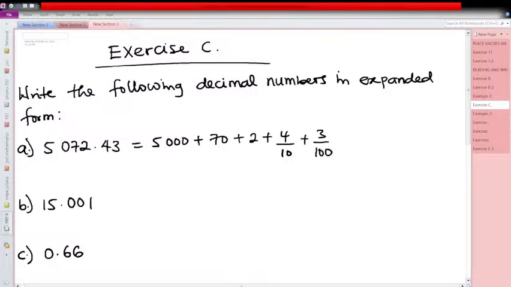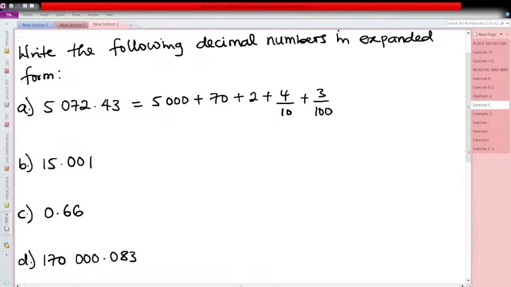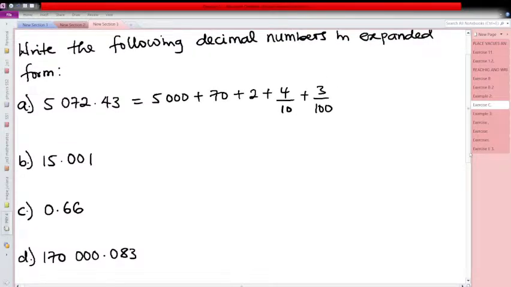So this is what you are asked to do, Ralph. I would like you to do same with the others. Okay? So continue with B, C, D, and to the end.